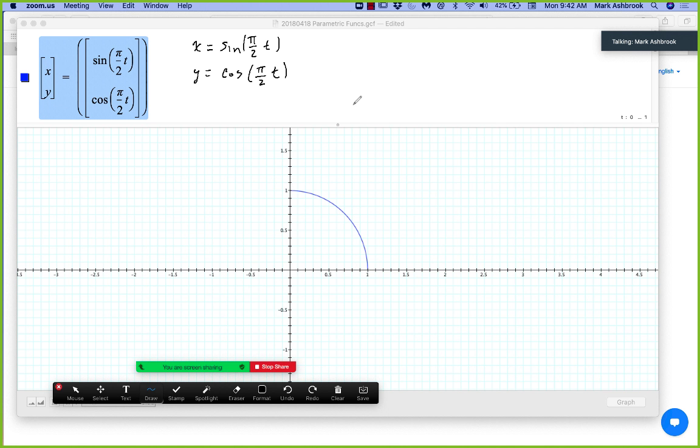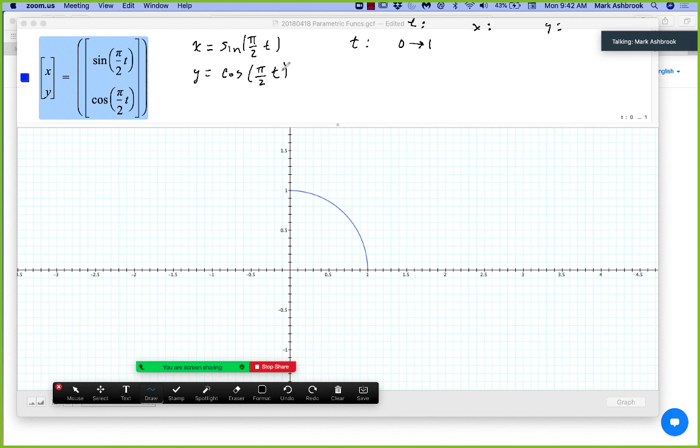And we were given this function, we wanted to sketch the graph, and we said we want to do that by looking at the covariation, how x varies as t varies, and how y varies as t varies. So we said, let t go from 0 to 1. Like this. And then what will x do and what will y do?